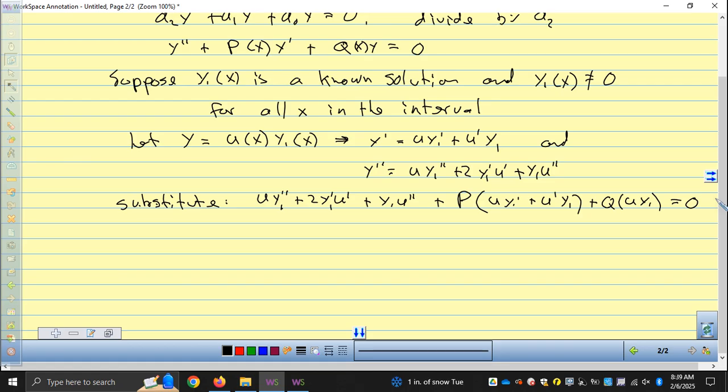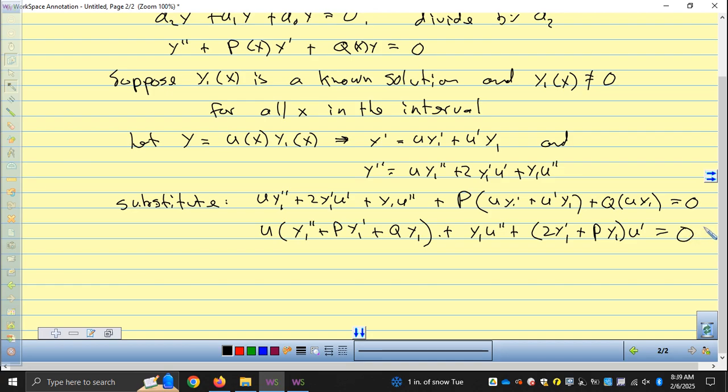Well, I'm going to gather some terms and rearrange this a little bit. So this left-hand side, I can write as u times y1 double prime plus p y1 prime plus q y1, just y1, plus y1 u double prime plus 2 y1 prime plus p y1 times u prime equals 0.